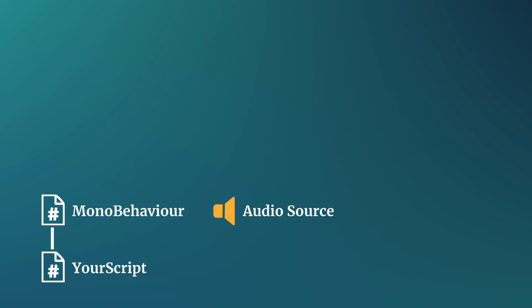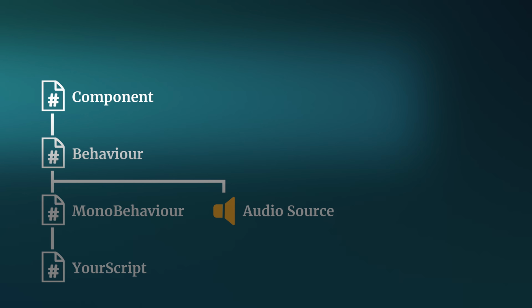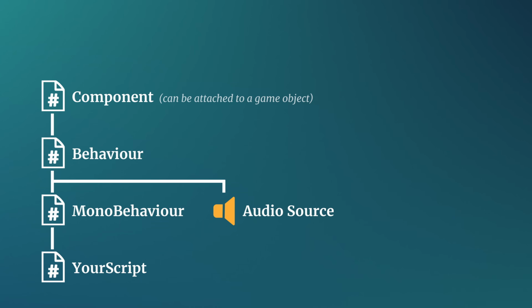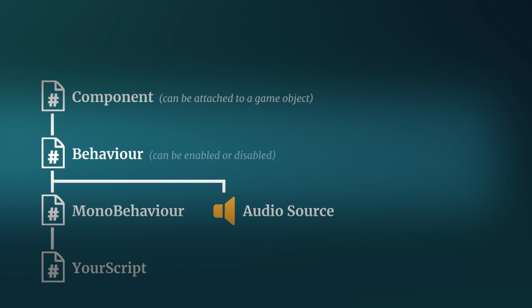Components like audio sources, cameras, and lights, which are not MonoBehaviours, also need to be attached to objects. This functionality comes from the Component class, which is the base class for anything that can be attached to a GameObject. MonoBehaviours and most components also have an additional layer of inheritance between them and the Component base class, the Behaviour class, which allows an object to be enabled or disabled.